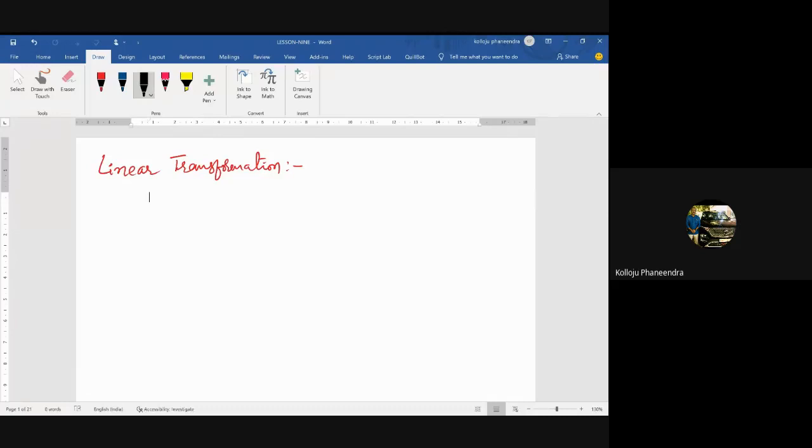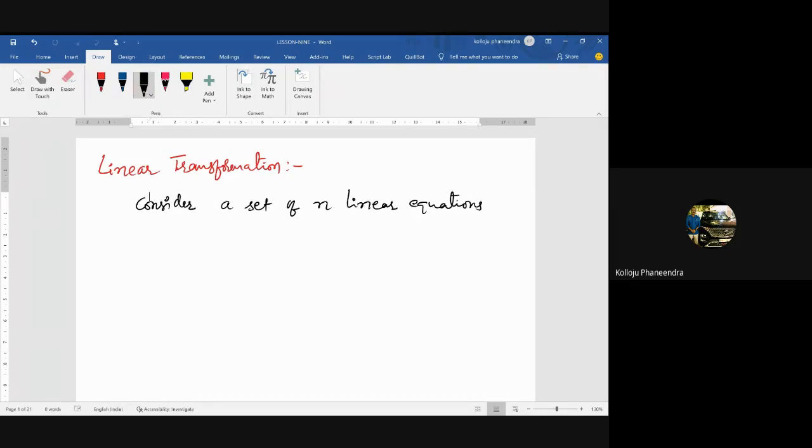First, let us see what is meant by linear transformation. Consider a set of n linear equations. We are considering only linear equations. Linear equations means in those equations all the variables must occur at degree 1.